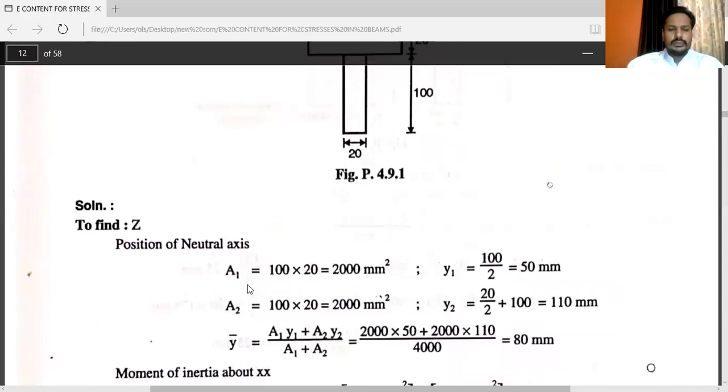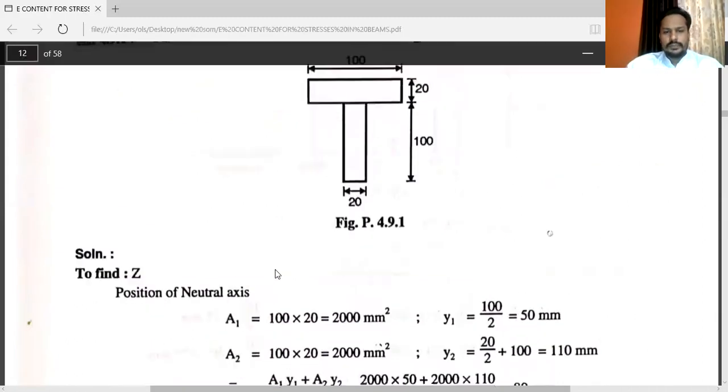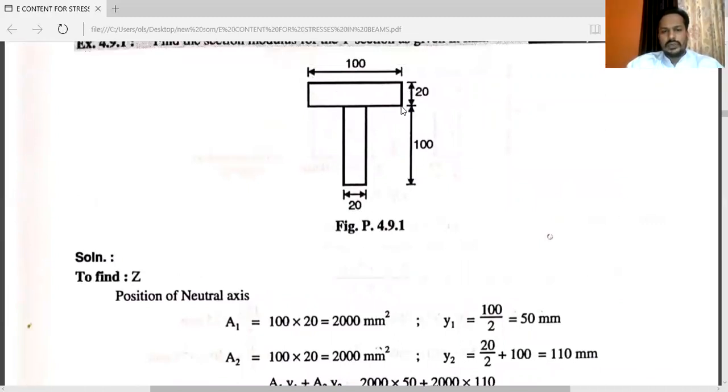We know that the position of neutral axis, first of all we have to find out by using the formula of Y bar. Y bar is equal to A1 Y1 plus A2 Y2 upon A1 plus A2. So here we have to calculate area 1, that is 20 into 100, and area 2 is also 20 into 100. So A1 is 2000 mm square and A2 is also 2000 mm square.